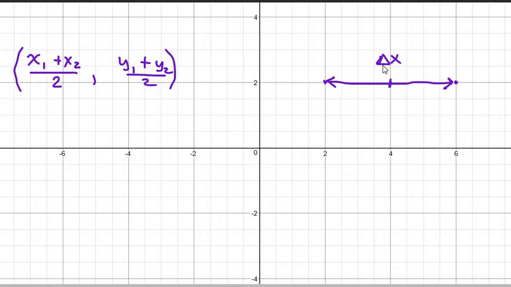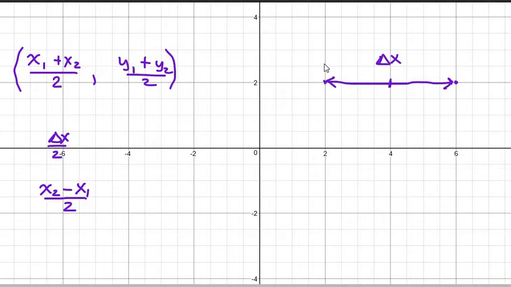So in other words, if you took delta x and divided it by 2, that's going to be this distance right here. But remember what delta x was. It was x2 minus x1, and we're saying divided by 2.